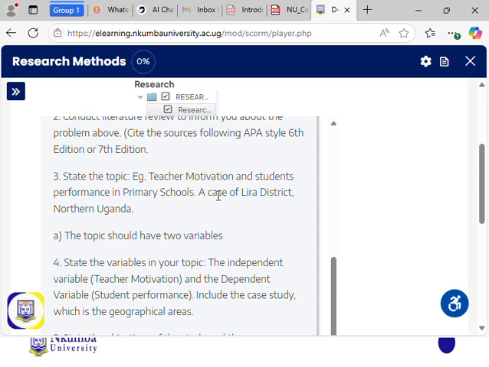Then you put a case of Lira district. The step is: state the topic. But this topic we are stating is an example. You will see that this topic, like we said, has got to have two variables, in the what?